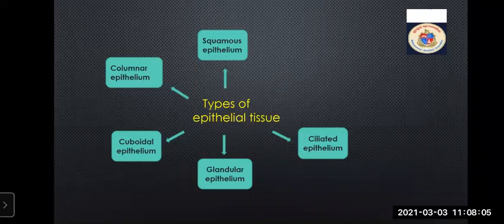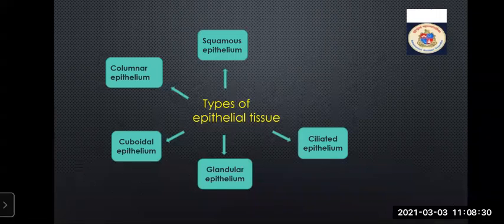This type of tissue is present in the organs where the movement of non-motile objects is required. For example, when we swallow food, when the food is entering from our esophagus, it needs to be carried to the stomach. So in that movement the ciliated epithelial cells are present, which help in moving the food particles.